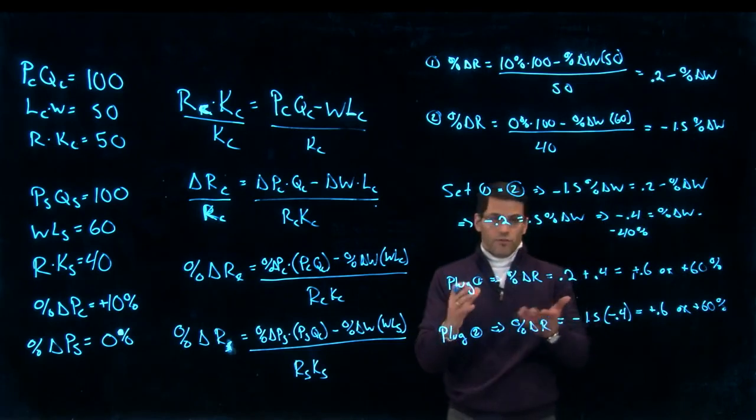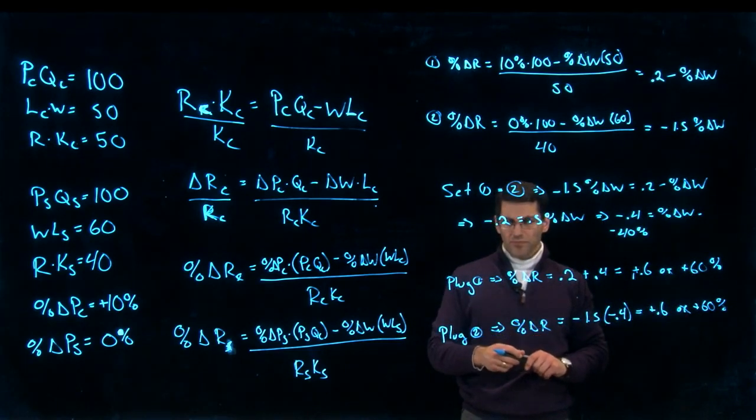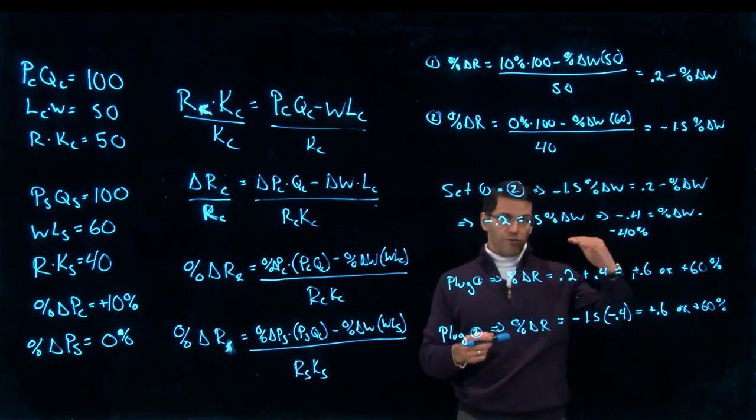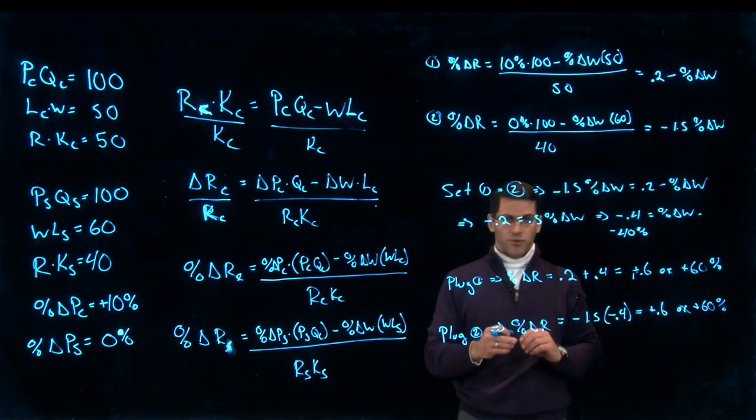Right? If you did everything correctly, you should get the same answer by plugging it into either equation. So what are we seeing here? We're seeing that the wage rate fell, right? And it fell by quite a bit, it fell by 40%, and the rental rate increased by 60%.